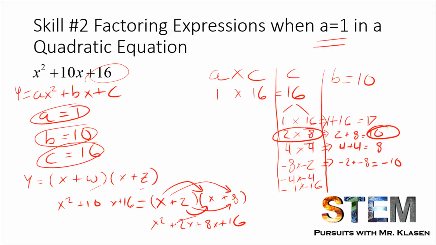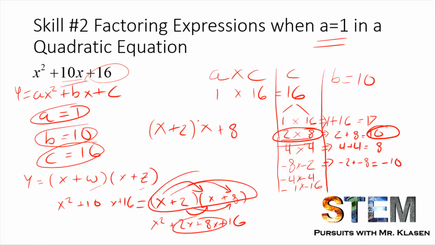And if you notice here, you combine the 8 and the 2, that's what we had over here, and that gives you the 10x that was part of your original quadratic equation. The 16 is the constant, which is the product we were looking at over here. And these two binomials give you the final answer that you're looking for. So when you're factoring a simple quadratic expression, you take those factors, and this concludes the answer in a situation like this.